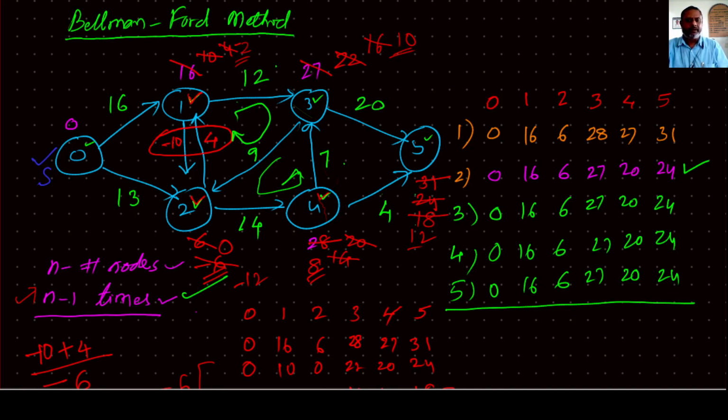The loop with a negative is going to make a problem. So that's the Bellman-Ford method. So before applying, ensure that if any loops are there, then ensure that the loop gain is positive.